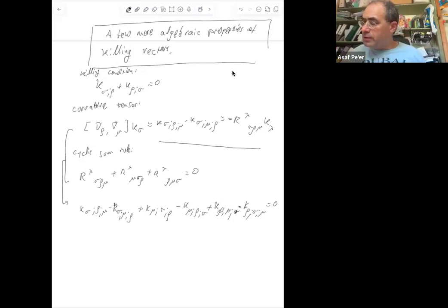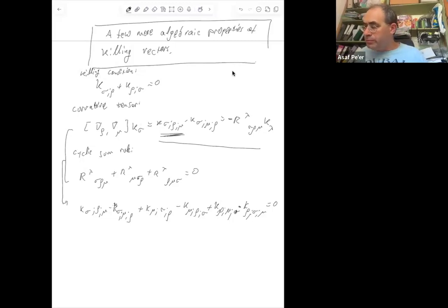I did a cyclic sum over sigma, rho and mu, using the fact that the cyclic sum rule implies this has to be equal to 0.